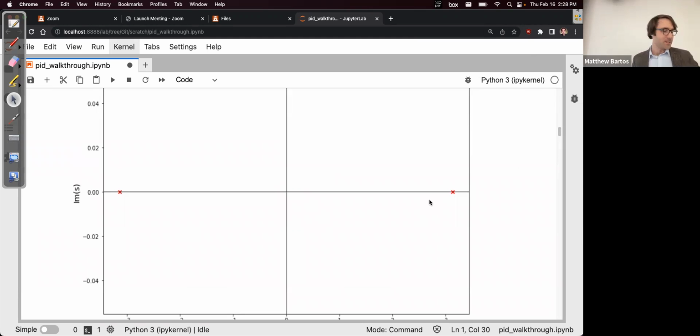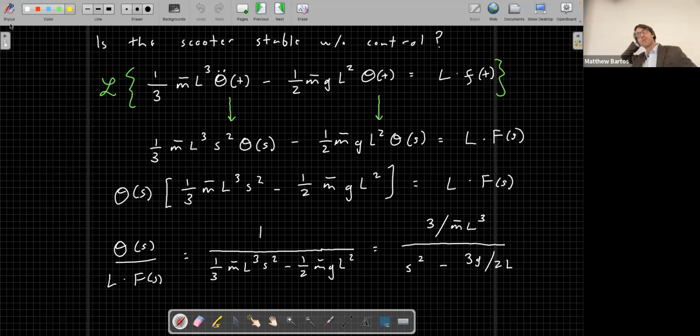So what can we do about this situation? Thinking back to last class, how can we stabilize a system like this? How can we stabilize our scooter? Feedback. Exactly. So we can stabilize this scooter using feedback control.